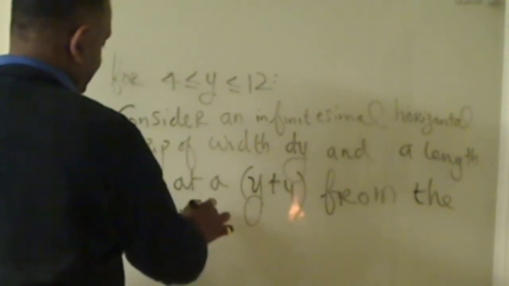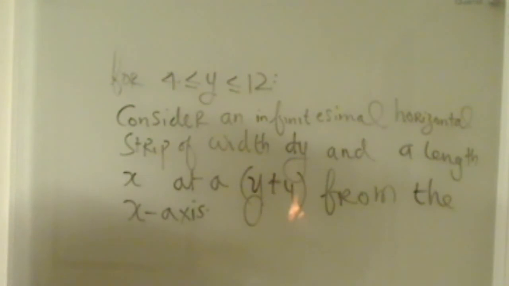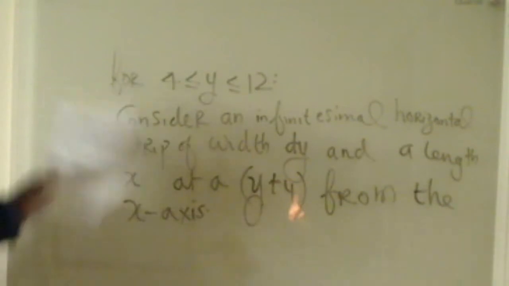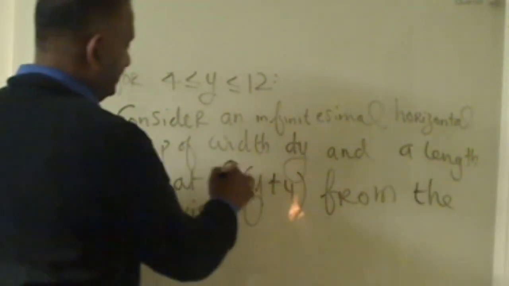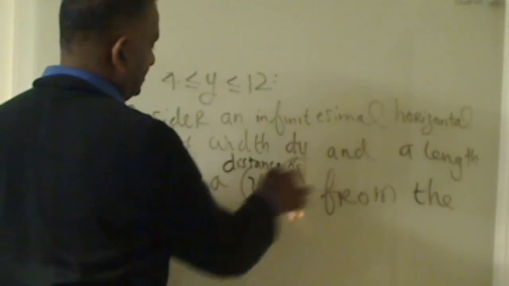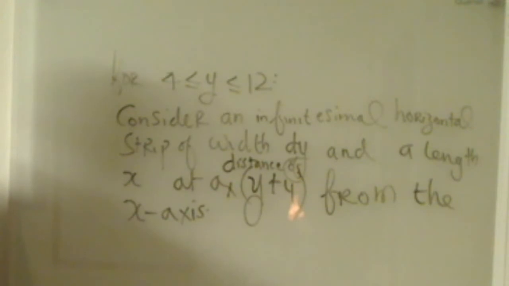So this strip has been taken, a strip of width dy and length x, at a distance of y plus 4 from the x-axis.